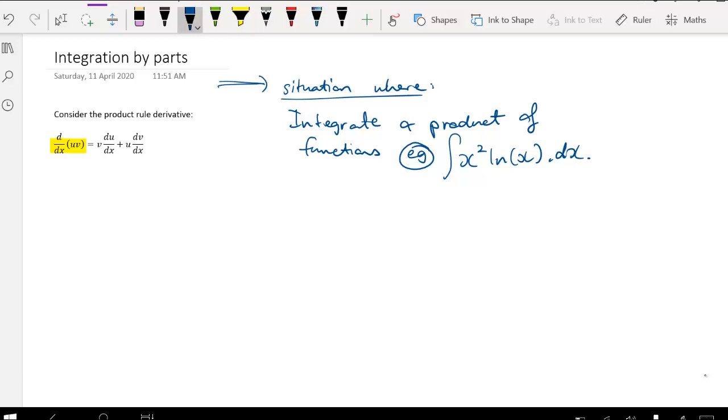Now we're going to try and derive the method that we're going to use for integration by parts. So we're going to try and isolate a product. The first thing we'll do is take the integral of both sides. So we're looking at the integral of d dx of uv dx, and the integral of v du dx plus u dv dx with respect to x.